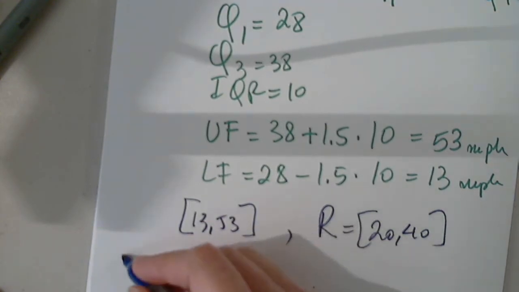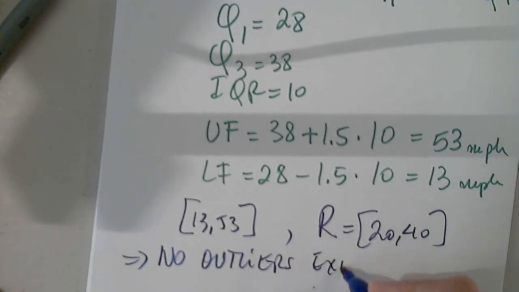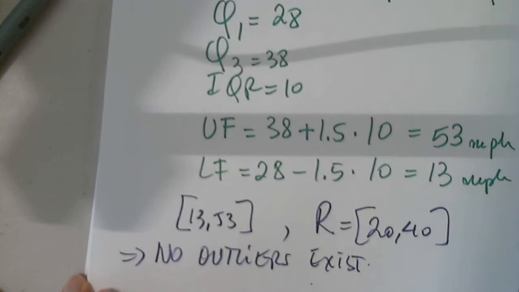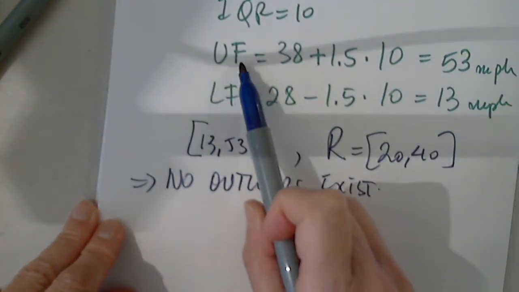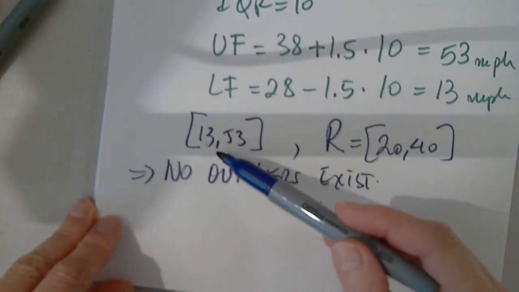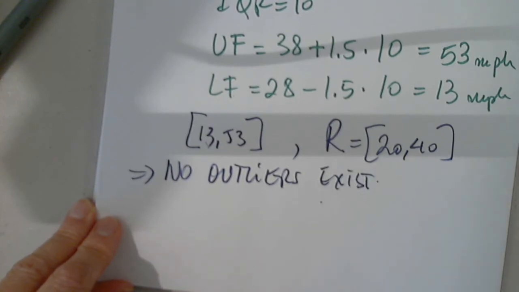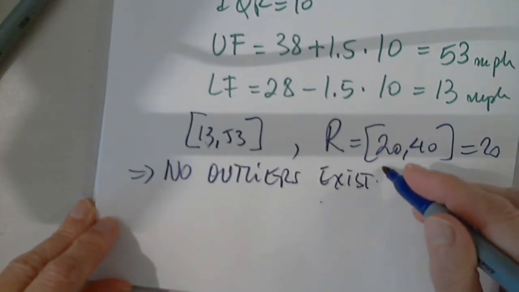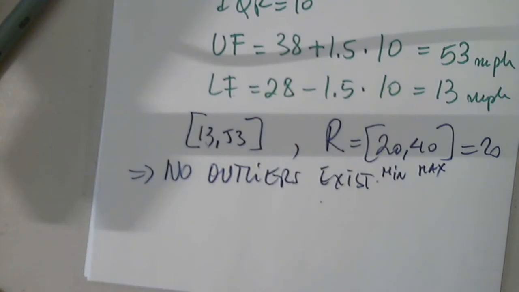So therefore, no outliers exist in this data set. All numbers were between the lower fence and the upper fence, between 13 and 53, actually between 20 and 40 because that's the range. This was the minimum, min, max. No outliers.